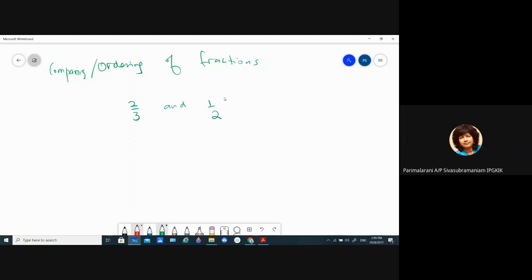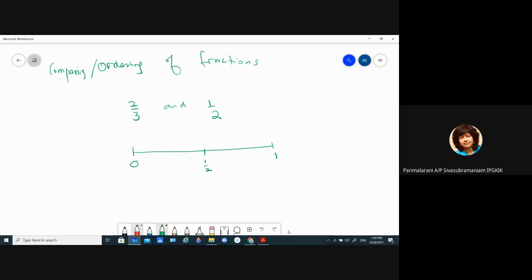So one good strategy to use is mathematical reasoning, okay? We can use mathematical reasoning to just work out the answer without actually converting to equivalent fractions, okay? So you know that proper fractions are less than 1, so this is 0, 1, and this is half.